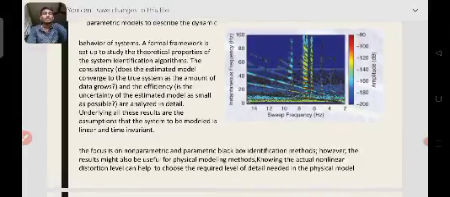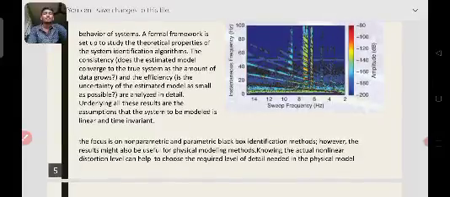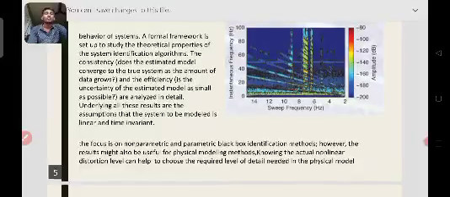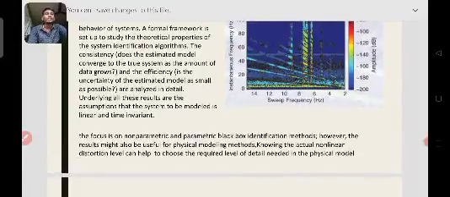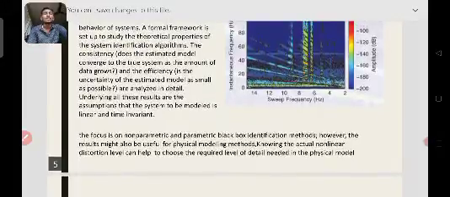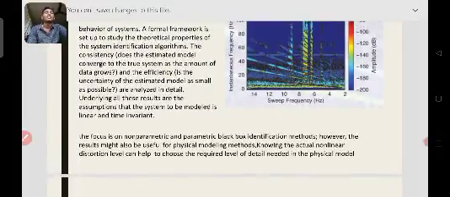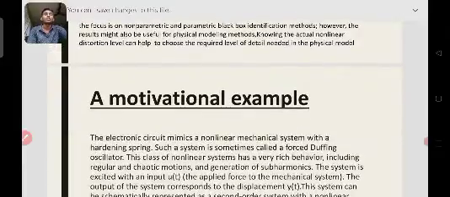Underlying all these results is the assumption that the system to be modeled is linear and time invariant. The focus is on non-parametric black box identification methods. However, the results might also be useful for physical modeling methods. Knowing the actual nonlinear distortion level can help to choose the required level of detail needed in the physical model.